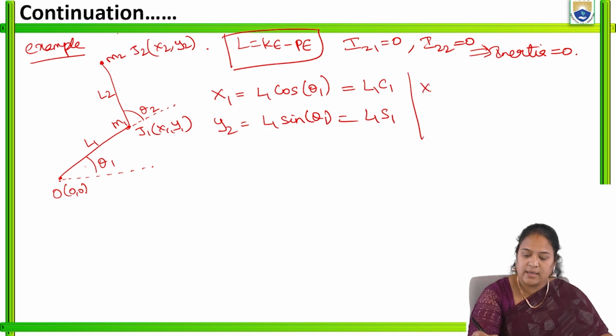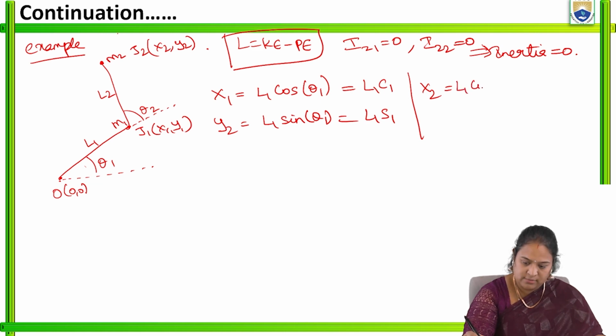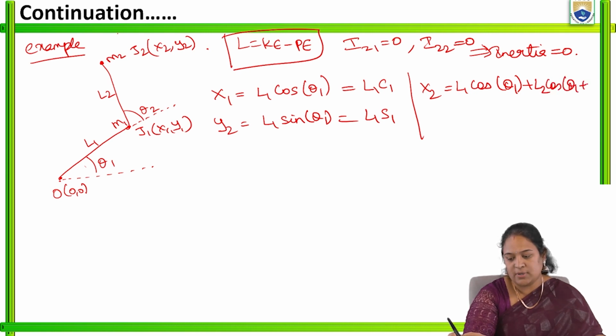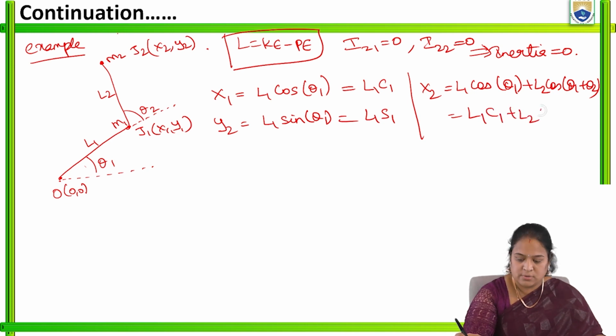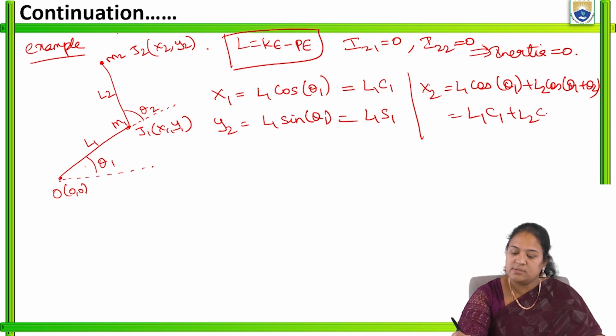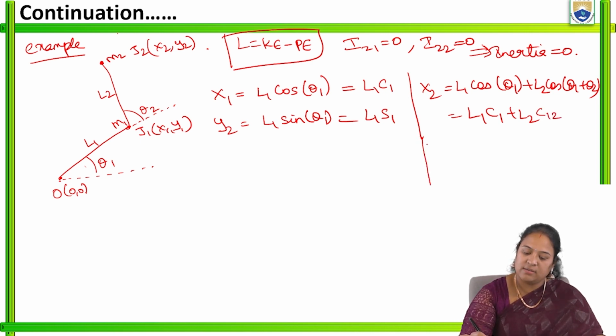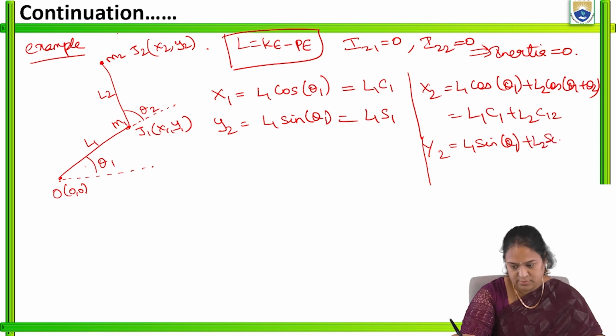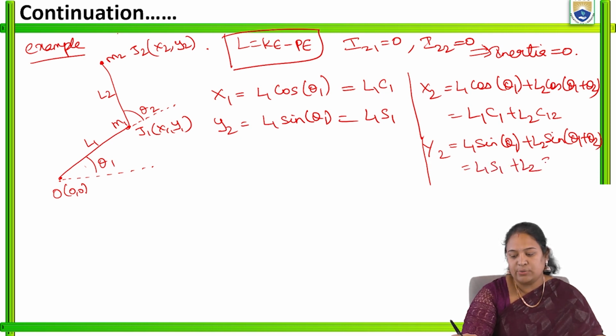And x2 is equal to L1 cos theta 1 plus L2 cos of theta 1 plus theta 2, which we write as L1 C1 plus L2 C12, whereas y2 we write as L1 sin theta 1 plus L2 sin of theta 1 plus theta 2, which we write as L1 S1 plus L2 S12.